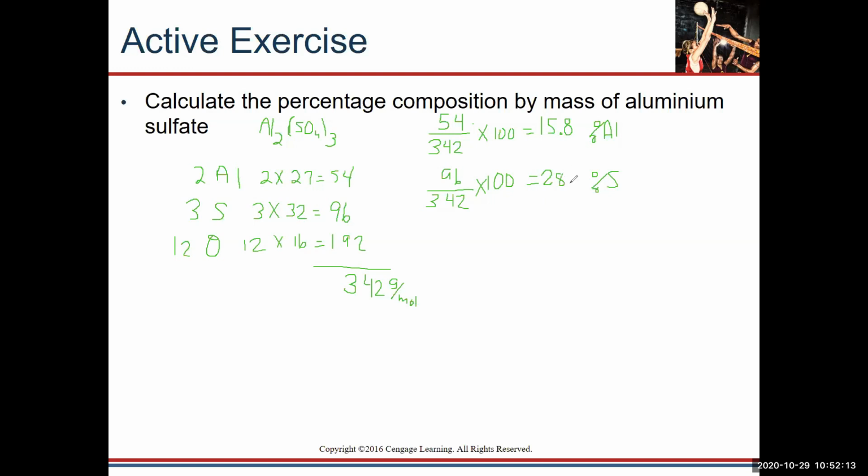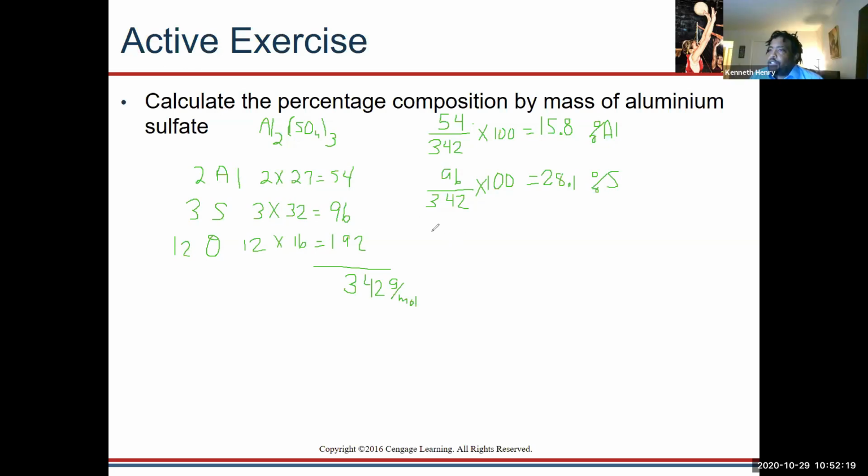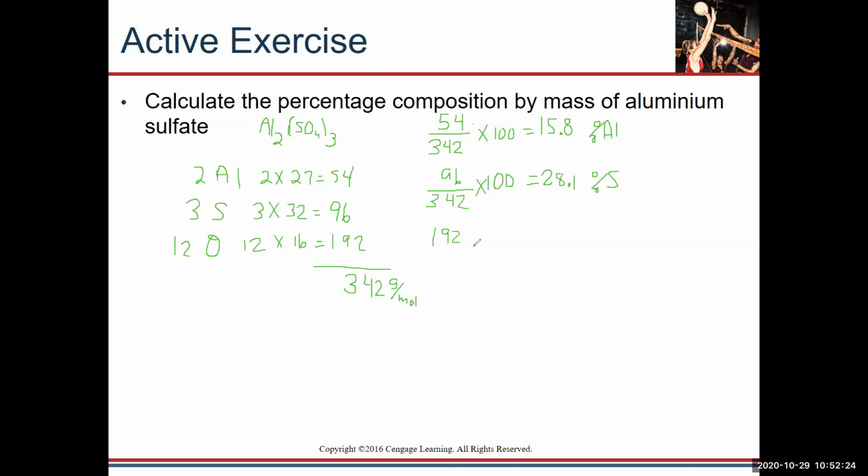And then oxygen? 192 divided by the 342.